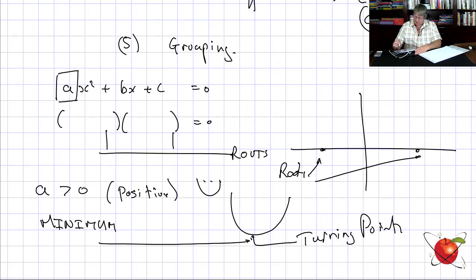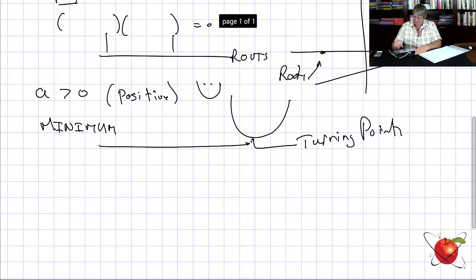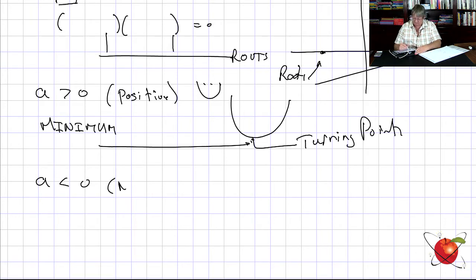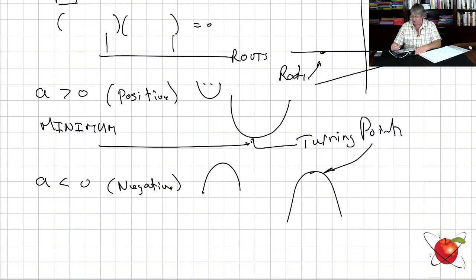Now we're going to look, what if our a was less than 0? In other words, it was a negative value. It means we had an unhappy face, the same thing, the turning point over there, right?